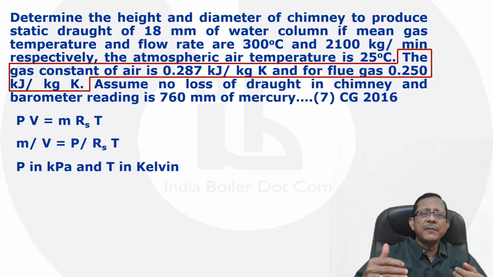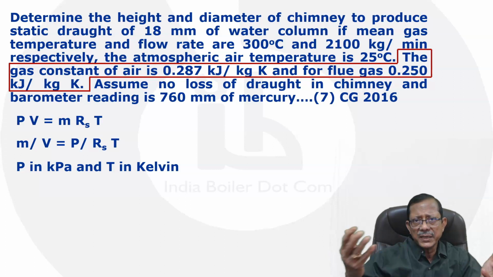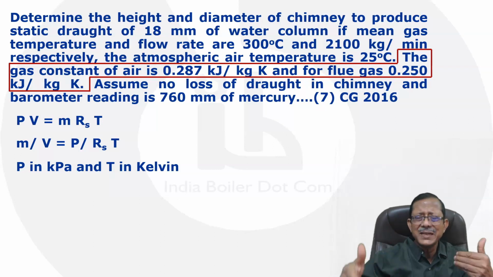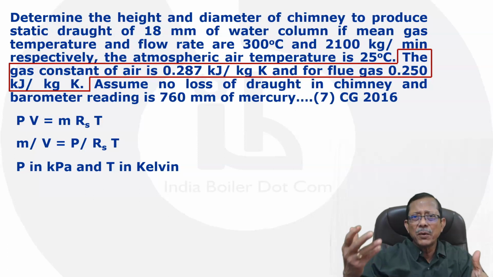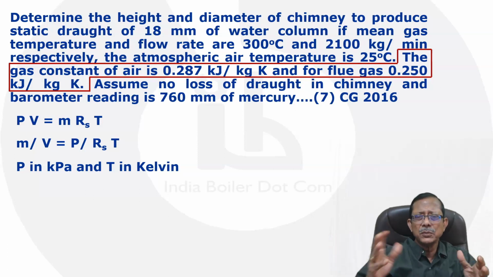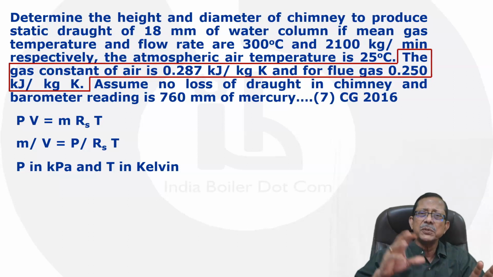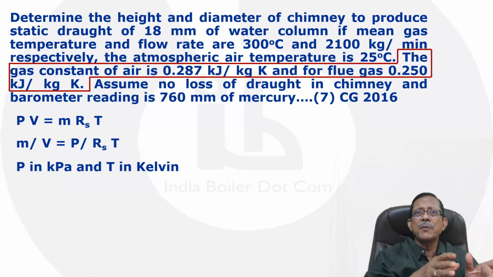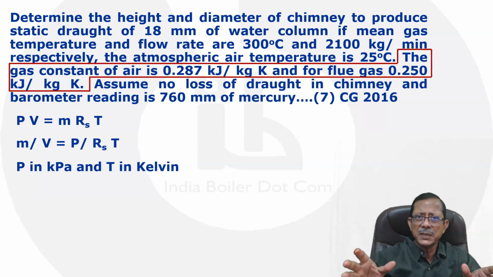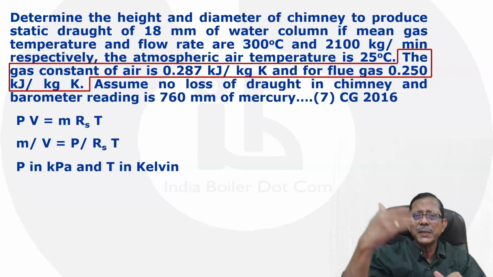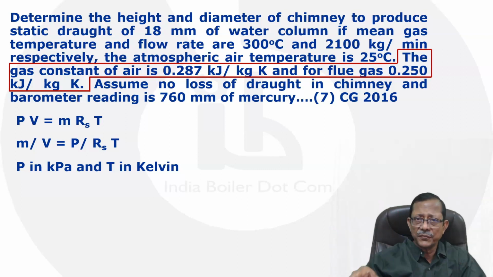Then they have given the gas pressure. You can calculate the gas pressure by the draft, which is nothing but the delta P, right? Difference between the air pressure and the gas pressure, and that they have given you 18 mm of water column, right? So different pressure units have been given, but ultimately the pressure which you need to find out is 760 mm of mercury in terms of kilopascal, 760 mm of mercury minus 18 mm WC, which will be the pressure of the gas, again in terms of kilopascal.